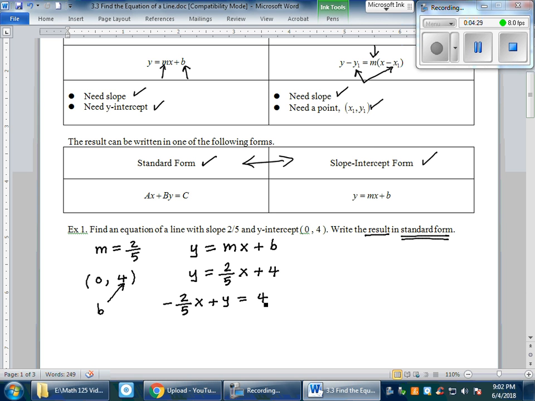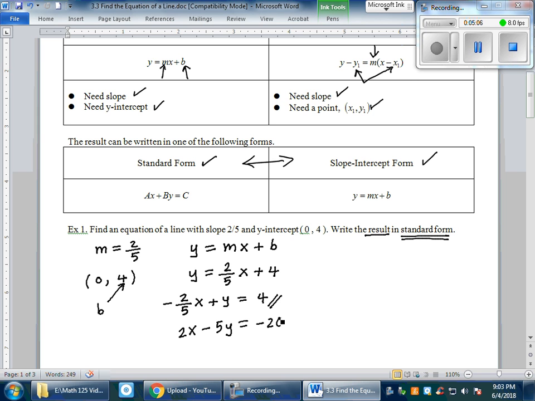In a lot of textbooks, they will clear the fractions and make the leading coefficient positive. I'm okay with this, but to be able to check your answer against the textbook, if I clear the fractions, I multiply everything by negative 5 to get rid of the negative in the front, so that will become positive 2x minus 5y equal to negative 20.